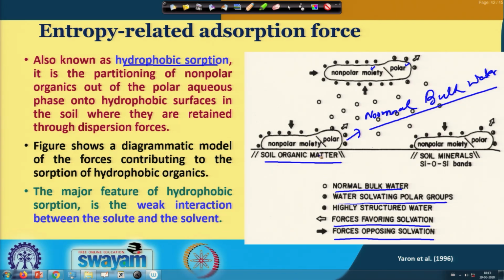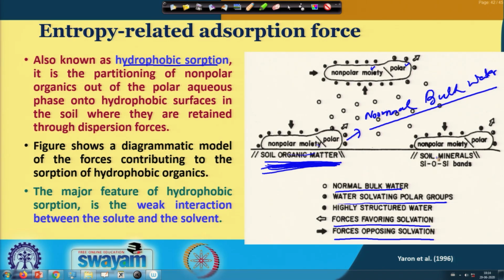And you can see here the hydrophobic sorption is occurring onto the soil organic matter, which is by default hydrophobic in nature. So, this soil organic matter has the capacity to separate out this nonpolar moiety from its mixture with the polar aqueous phase, and this is known as hydrophobic sorption.